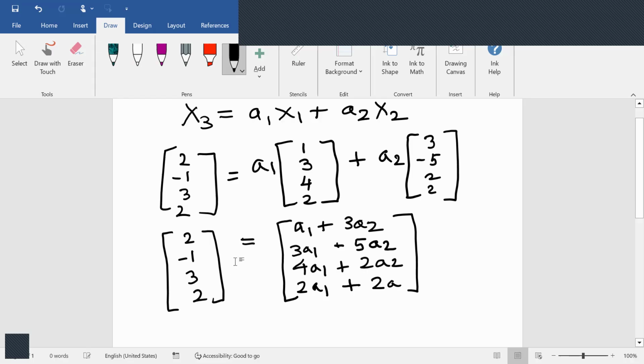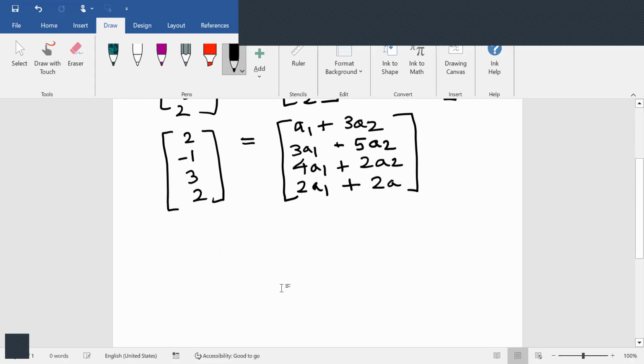Now we will form 4 equations and solve for the values of a1 and a2. So a1 plus 3a2 is equal to 2. Then 3a1 minus 5a2 is equal to minus 1.